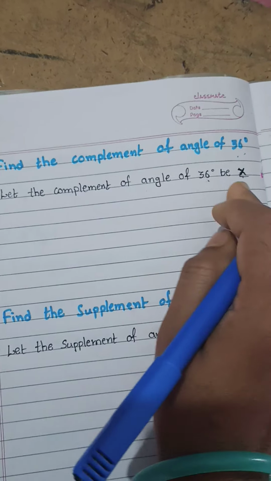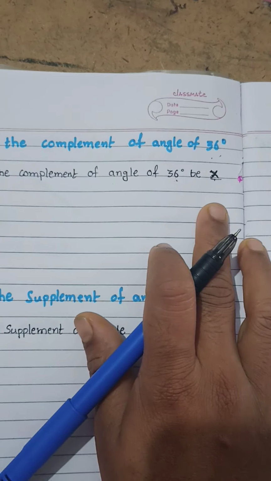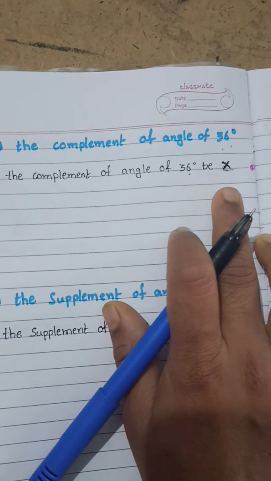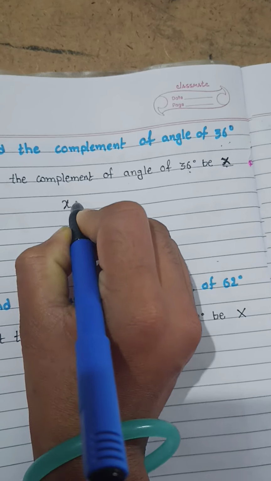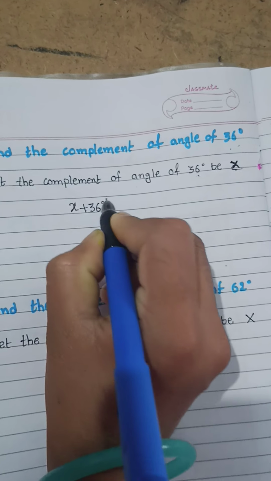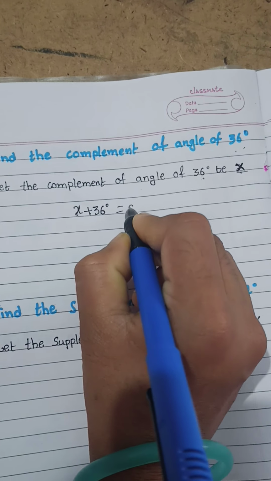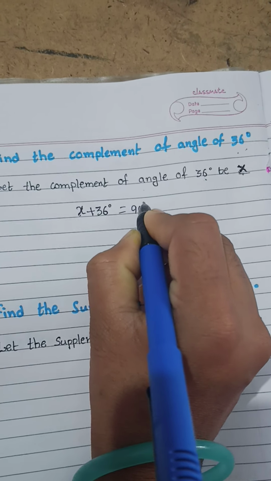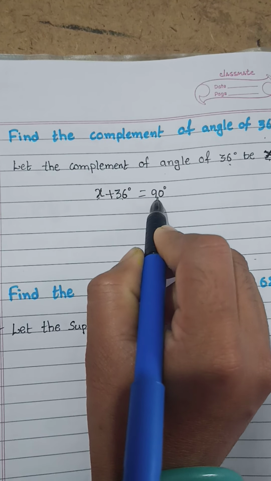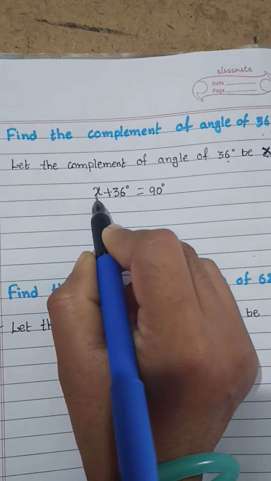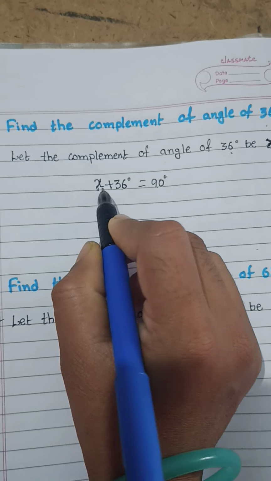When we have two angles whose sum is 90 degrees, such angles are called complementary angles. We know that. Now x plus 36 degrees: one angle, another angle. If the sum of two angles is equal to 90 degrees, they are called complementary angles. x plus 36 is equal to 90. In this, we have to find x, the complement of 36.